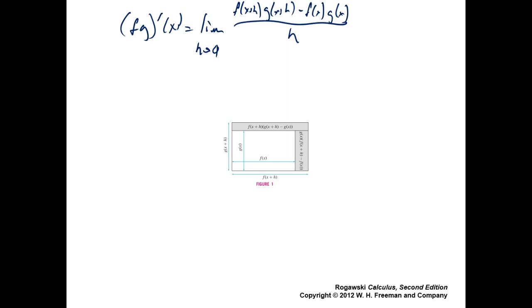So this would be f times g prime, plus g, and this part over h would be f prime. So that then is f times g prime plus g times f prime, and you see you do get the whole rectangle there. Is that very satisfying? Not to me. If you find it satisfying, hang in there and go for it, okay?